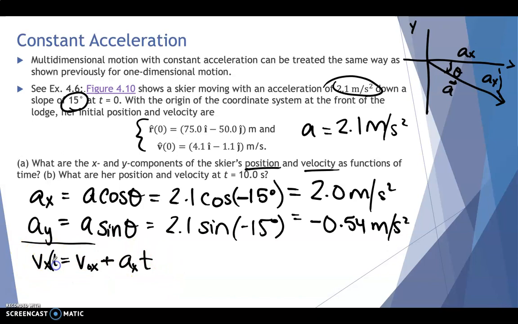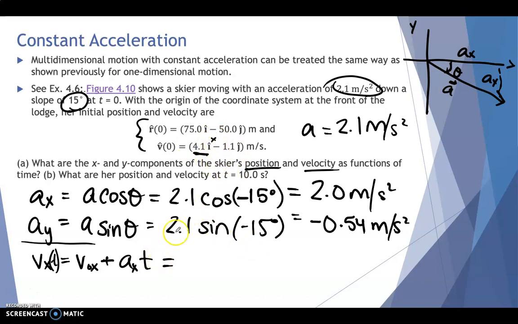Here, v sub x naught is our initial velocity. That's going to be this component right here in front of the i, which indicates our x direction.